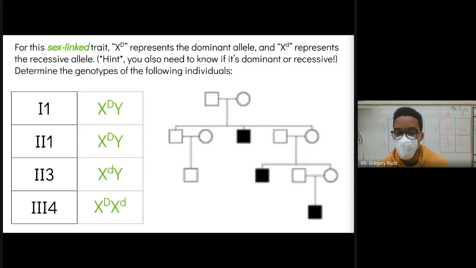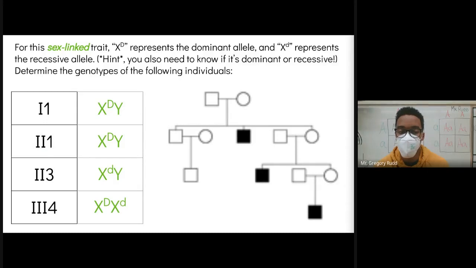Is it recessive or is it dominant? Is it sex-linked? Is it autosomal? That's all you'll have to do. So if you're struggling with identifying the individuals or figuring out their genotypes, that's okay, because that's a little bit above the level of this class. That's kind of like an AP class task.